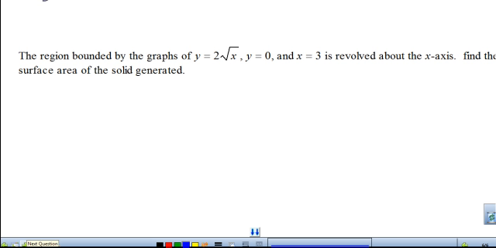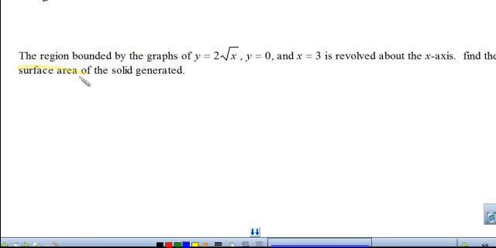The next question asks me to find the region bounded by the graph of y equals 2 square root of x, y equals 0, and x equals 3. Find the surface area.